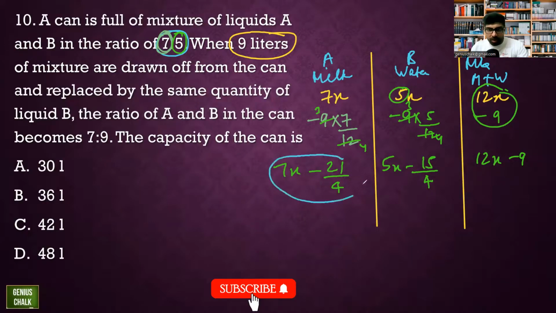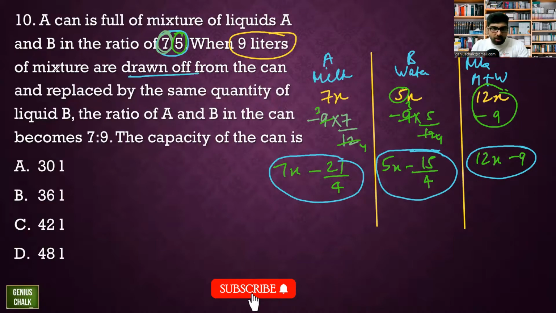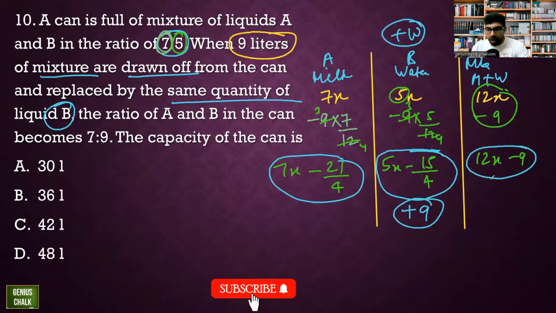Now 7x minus this, 5x minus this, and 12x minus this. Now what we do afterwards, it says the mixture drawn off is replaced by the same quantity of liquid B. That means now we have to add water here as a second step. So if you are adding 9 liter of water, it will be purely added in water only, and it will be purely added in mixture. As it is pure water, it will not add in milk, so milk will remain the same.